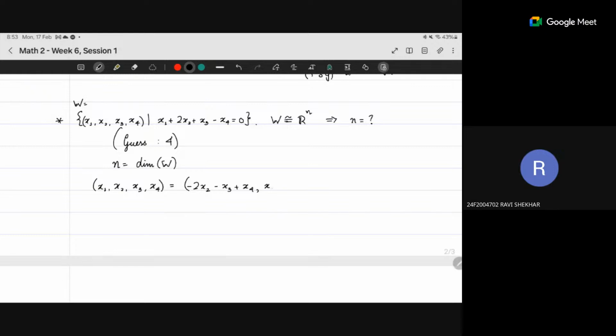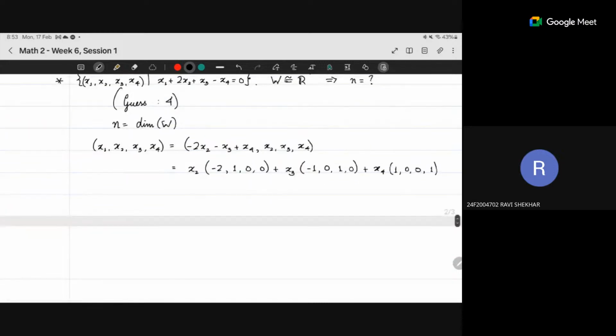And this I can rewrite as x2 times (minus 2, 1, 0, 0) plus x3 times (minus 1, 0, 1, 0) plus x4 times (1, 0, 0, 1).